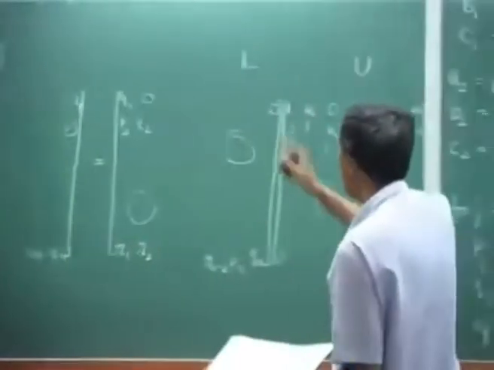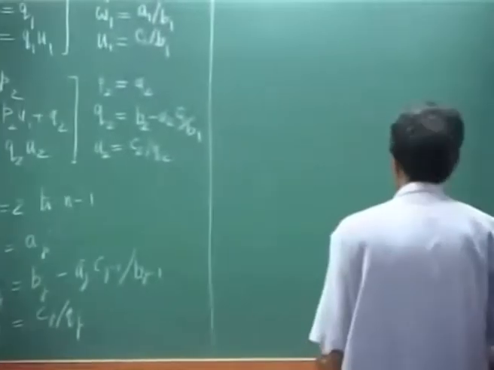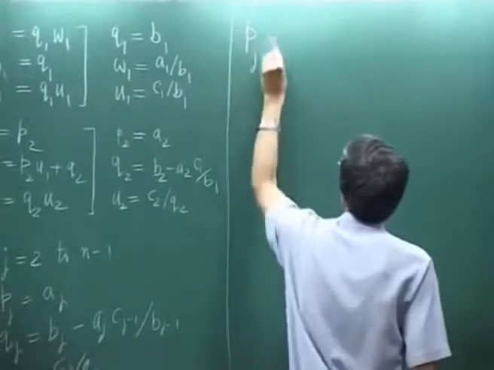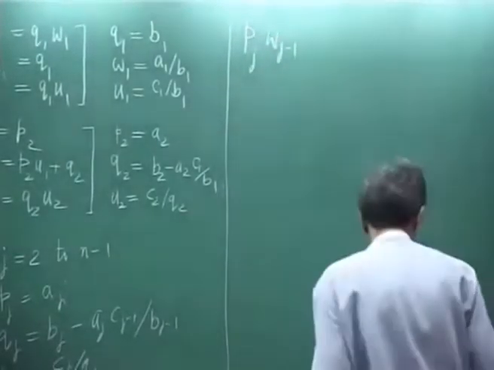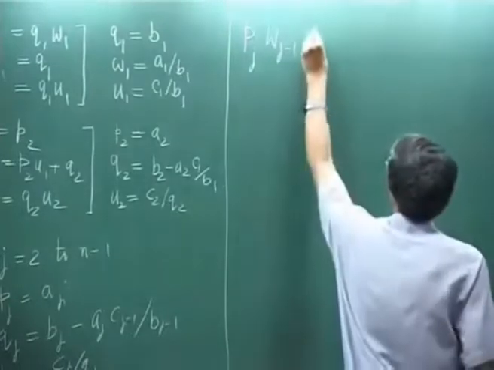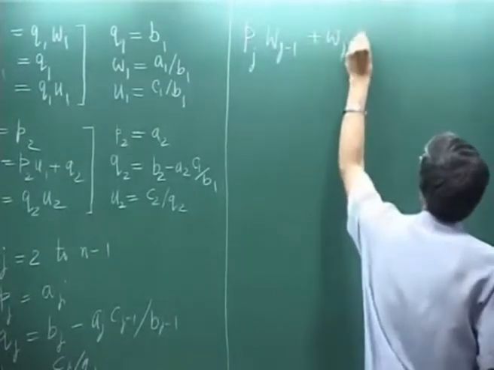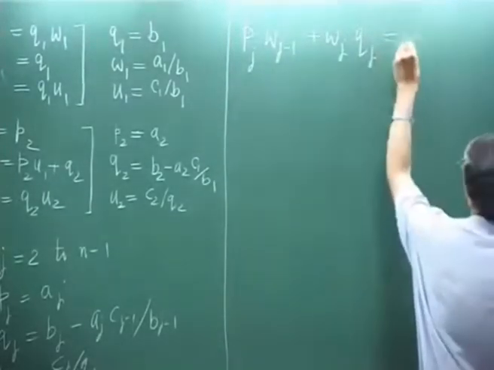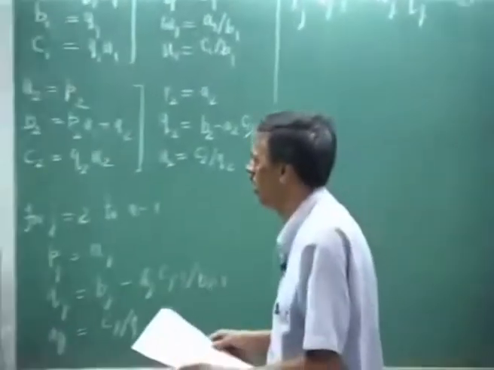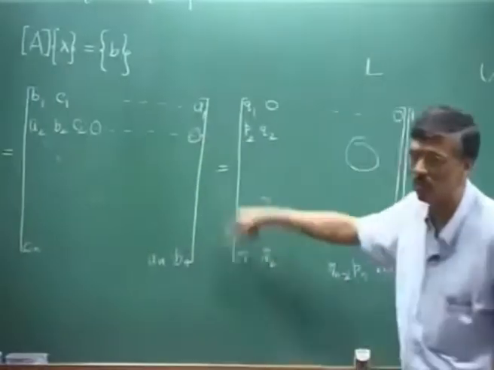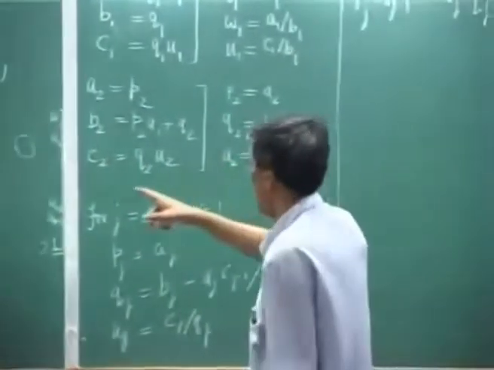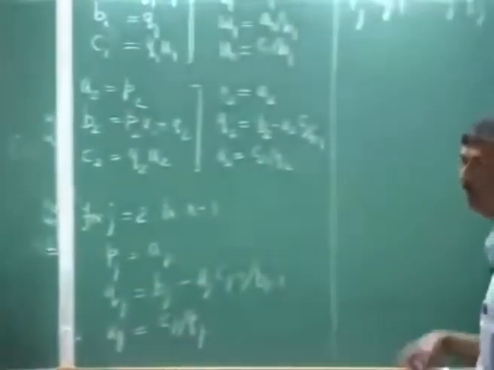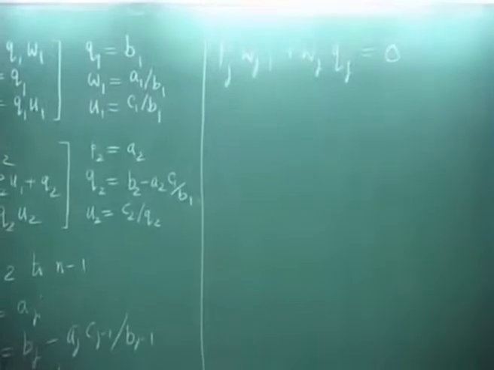So, if I leave out the first one, A 1, I get a relation: P j into W j minus 1 plus W j Q j equal to 0. I am just talking about all these non-zero entries. You will be taking each of these rows one at a time and multiplying with the last column. That will give you that kind of a relationship.